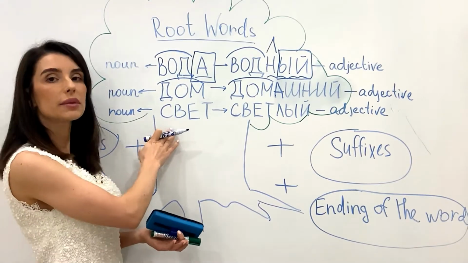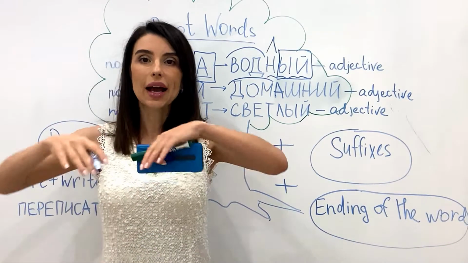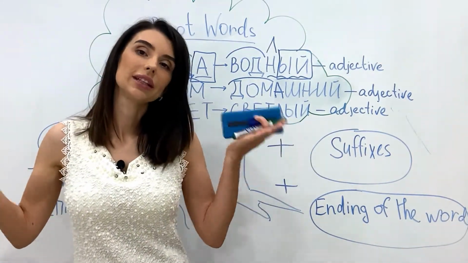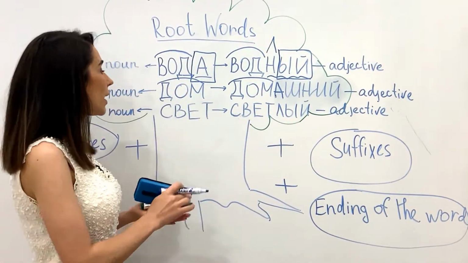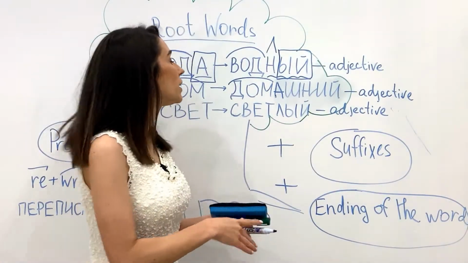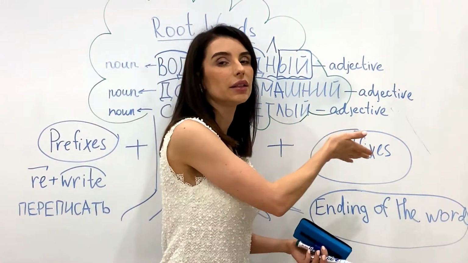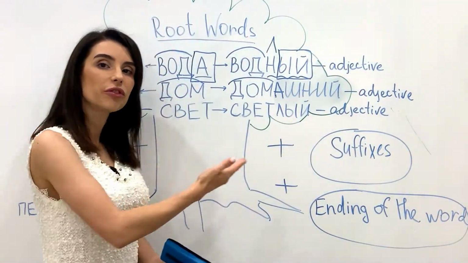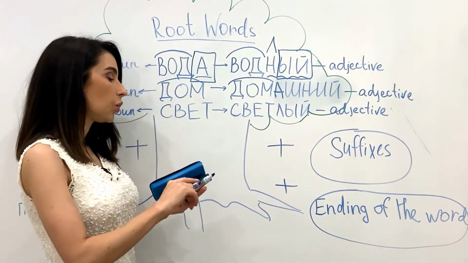Another one, свет. Свет means light. Свет, light. Again, noun, свет, light, but светлый, it means adjective from this word. Why?